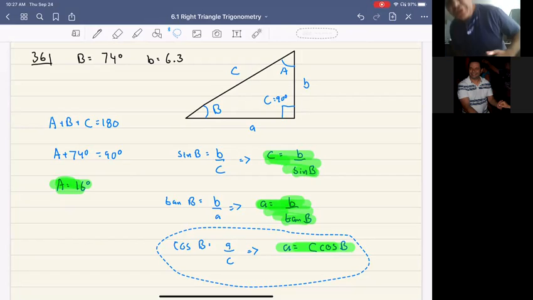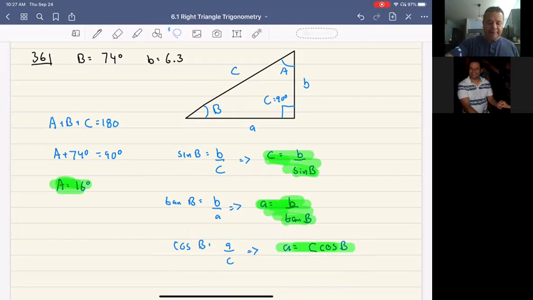Okay, I make sure that I am in degrees mode to find these things, which I am. So 6.3 divided by sine of 74 equals, for lowercase c, 6.55.